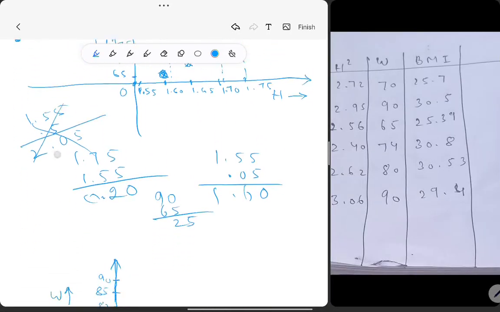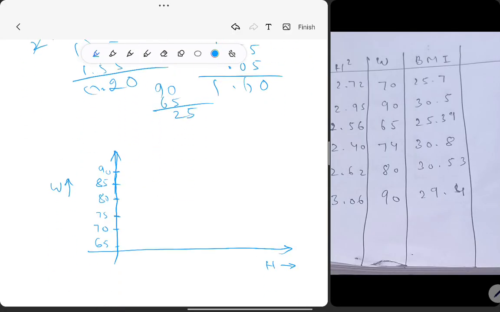And the height: let this be 1.55, and then 1.60, then 1.65, 1.70, 1.75, then 1.80.